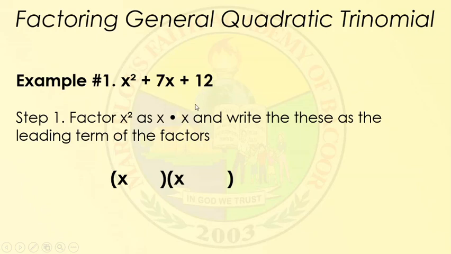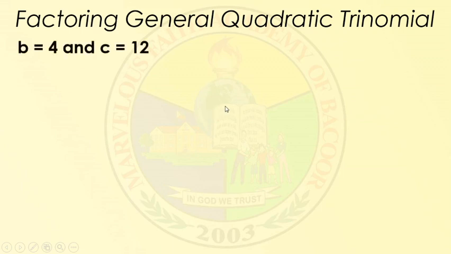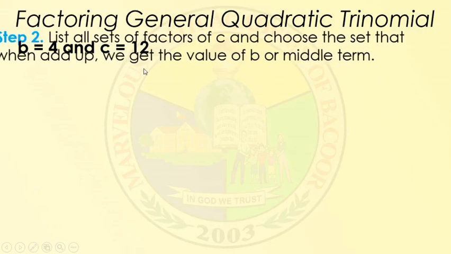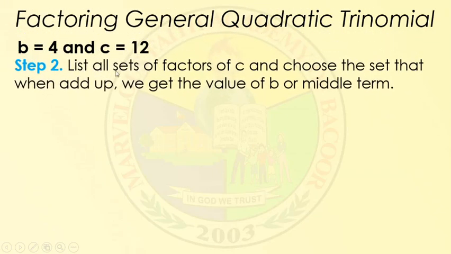At ang value ng c natin, since ito ay plus, ay equals to positive 12. Okay? Next po tayo. So, the value of b is equals to 7 and the value of c equals to 12.